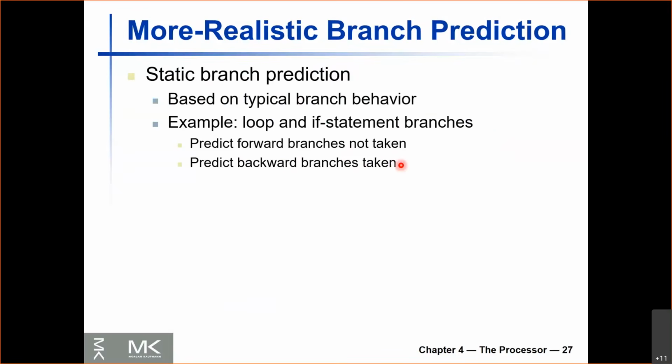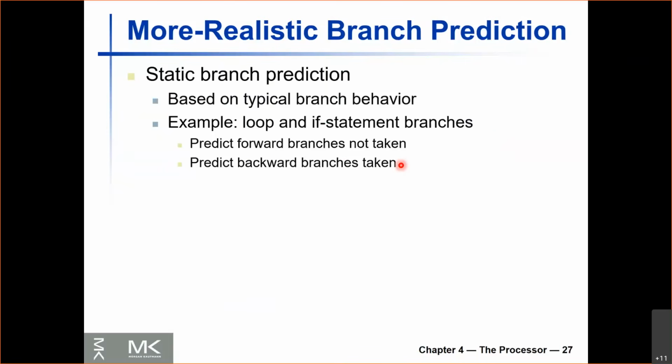Now, why is this a useful heuristic? Well, where do forward branches come from? Forward branches come from if statements, right? So we have if else. A forward branch will branch to the else, or if there's no else, a forward branch will branch after the if statement. Because of the way programmers write programs, a lot of times the condition of the if statement is true.